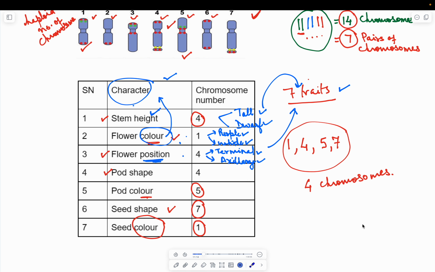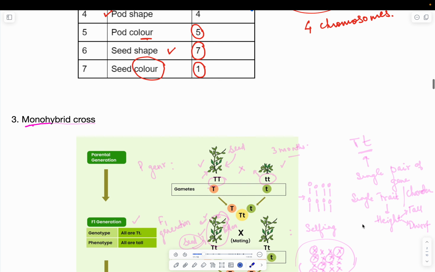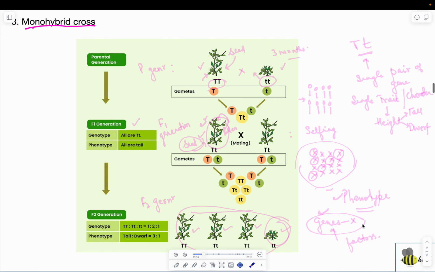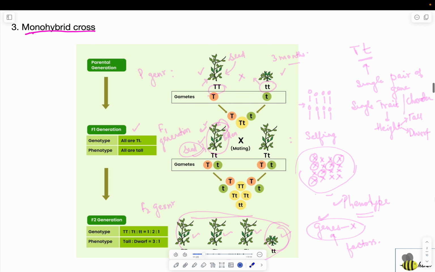Well, now we will discuss the monohybrid cross. Hybrid is when the alleles are of different kinds. So this is a hybrid, right? Now this is monohybrid, meaning a single hybrid. So we are considering only a single pair of genes.